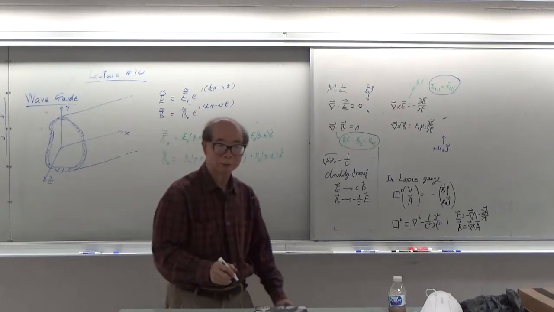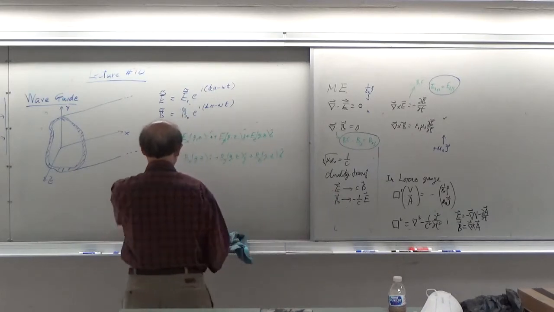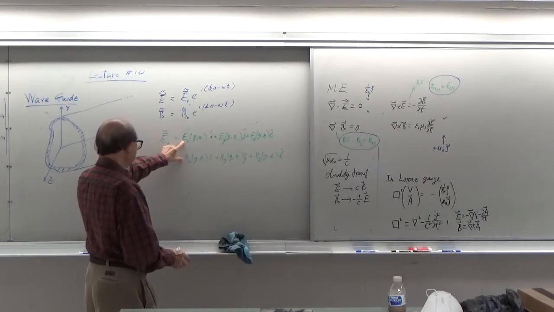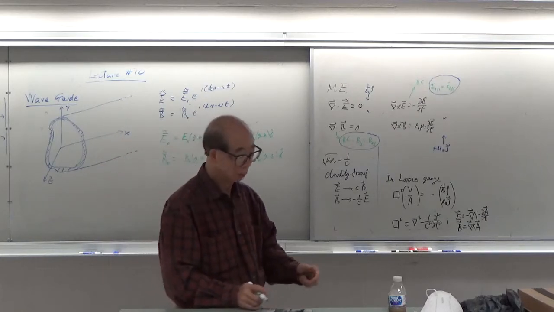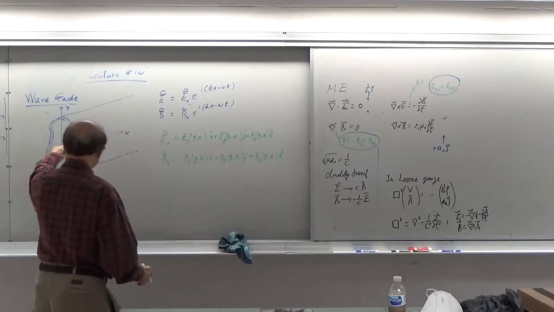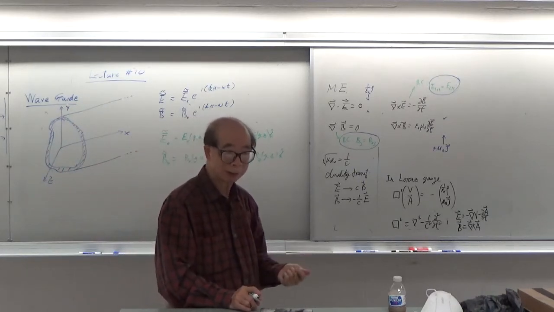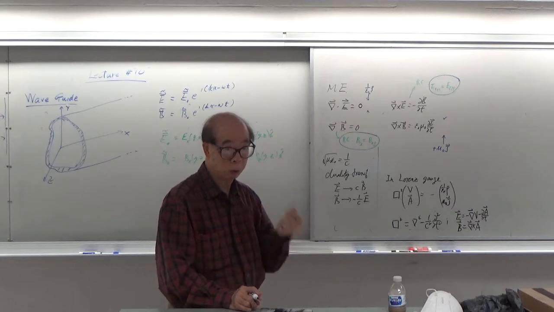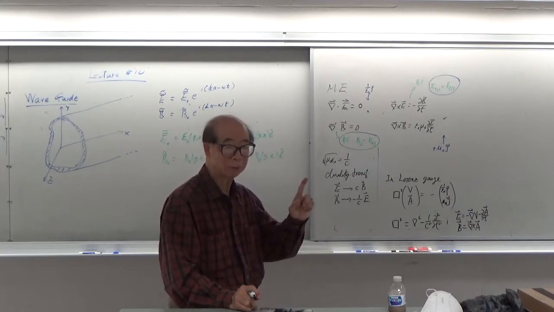Now, at this point, you may say, Dr. Ng, you have forgotten the X component, the longitudinal components of the electromagnetic wave propagating in vacuum, which should vanish since we expect the electromagnetic waves to be transverse waves. That is true for the case of infinite extent.